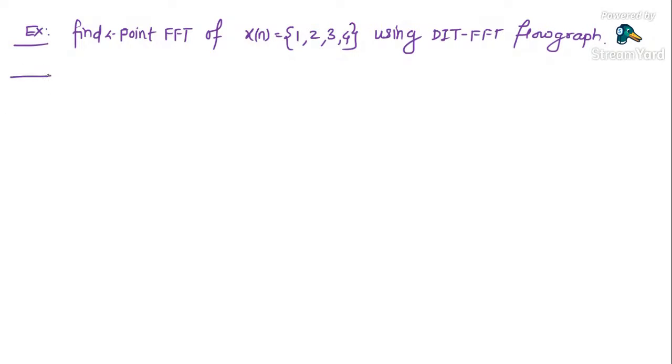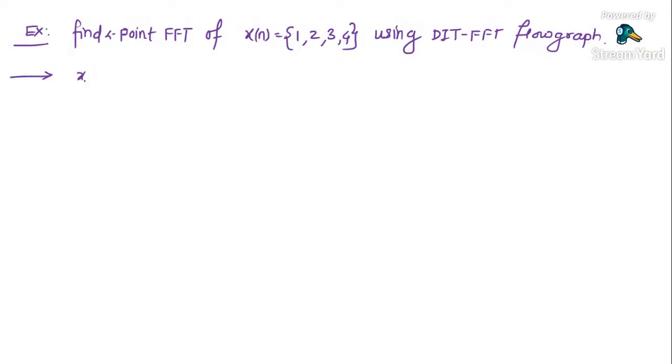Now, whenever you are going to solve this example, you must read it carefully, whether the DFT is asked, whether FFT is asked, whether the DIT FFT method is asked, or whether the actual matrix method is asked. So you must read the question carefully and then solve. So for the 4-point FFT, x of n is given.